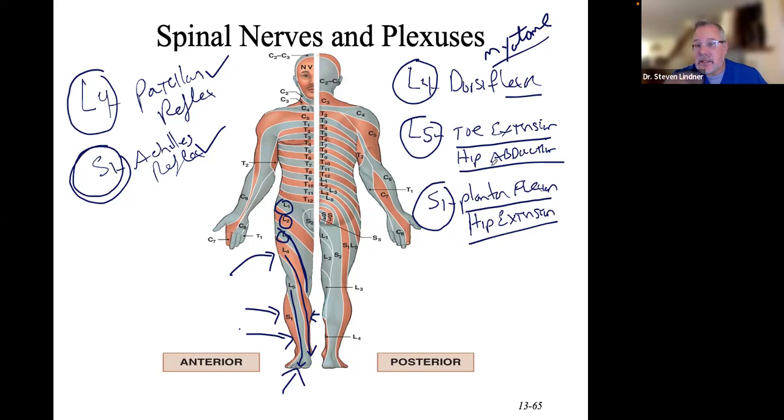Now, muscles being weak, they can still be fixed. But if it's for an extended period of time where muscle groups atrophy, that's a more complicated situation. Okay. And if there's no reflex, we've got some severe issues going on.